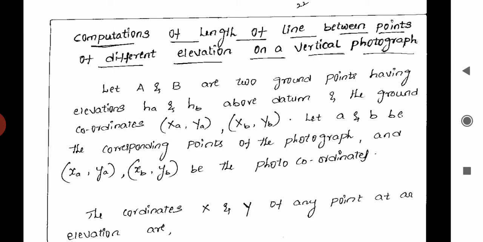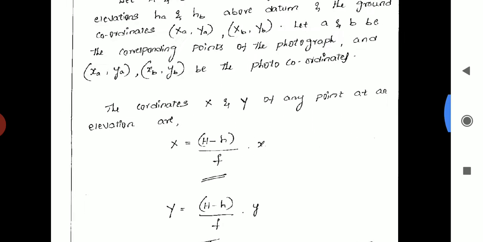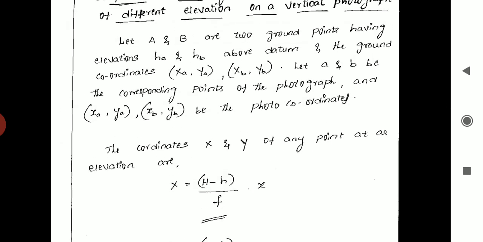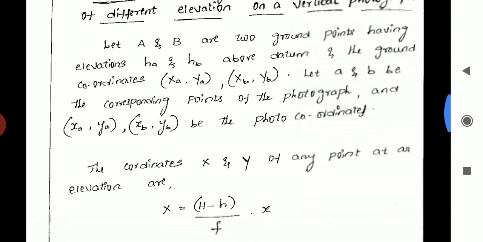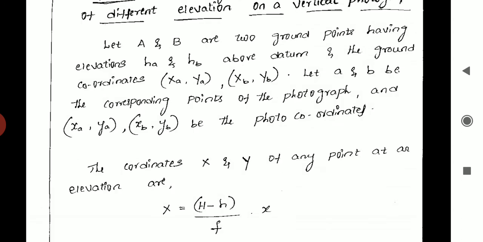For that purpose, in any textbook please don't refer to this figure or the corresponding computation of length, you will get confused. Using all this data, you people only have to remember this derivation.